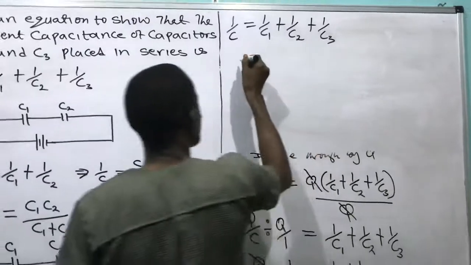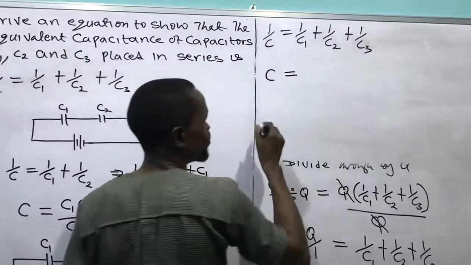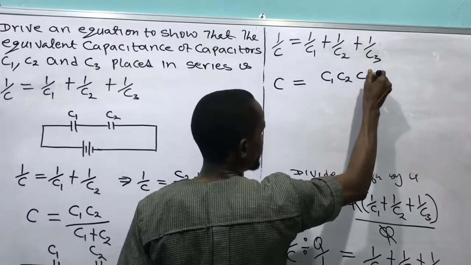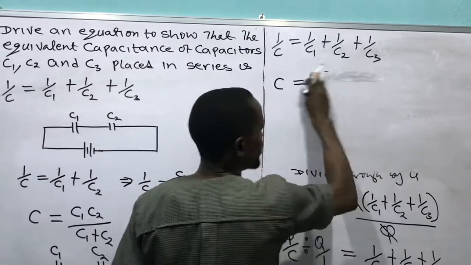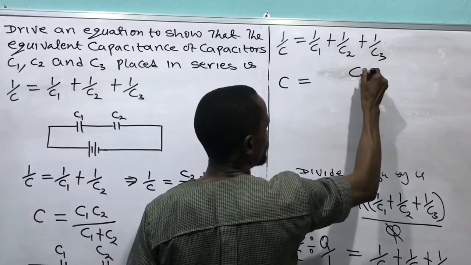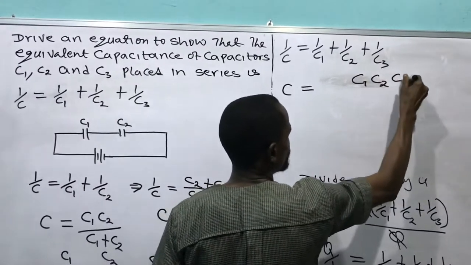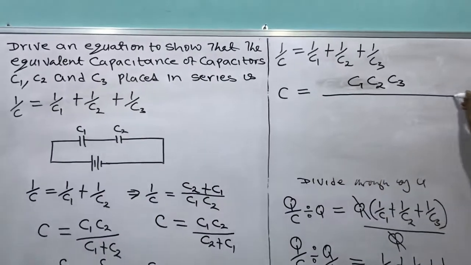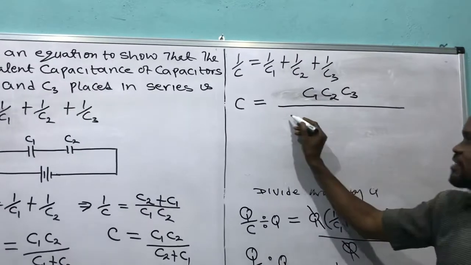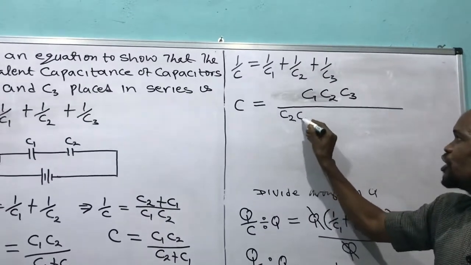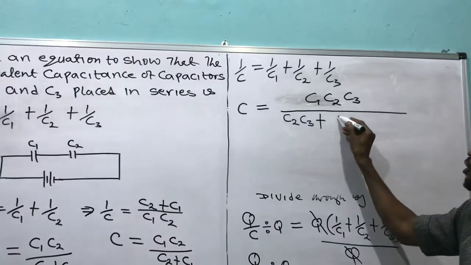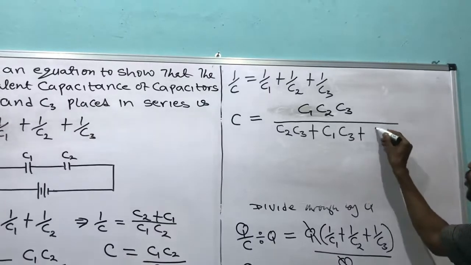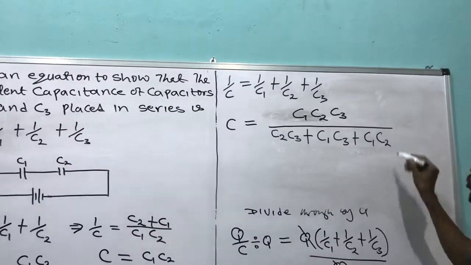I can say that C equals the product of the three of them, C1 C2 C3, over C2 C3 plus C1 C3 plus C1 C2.